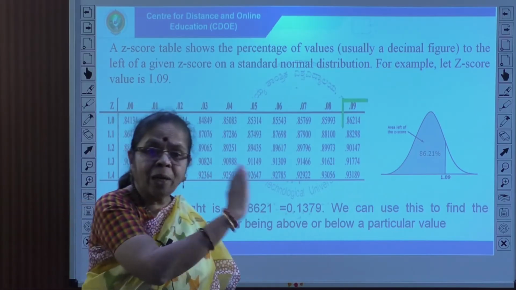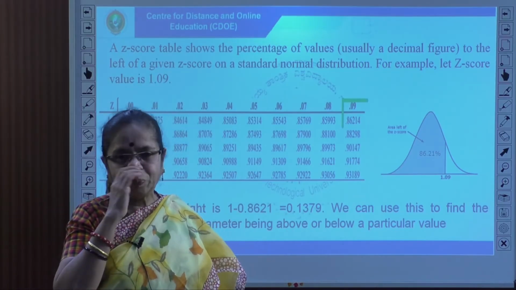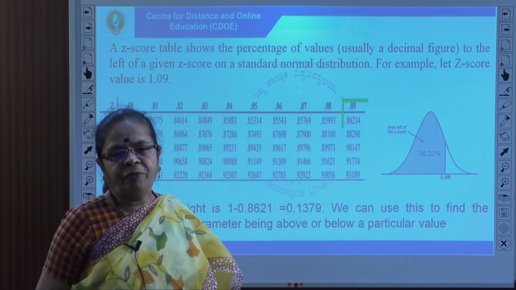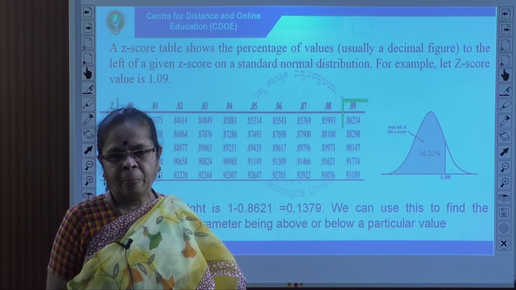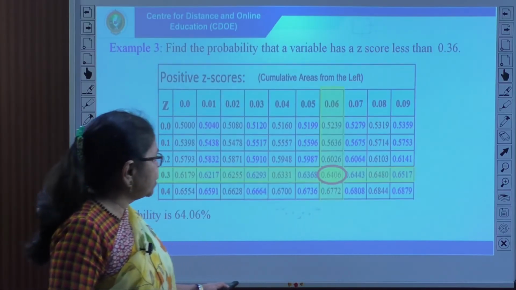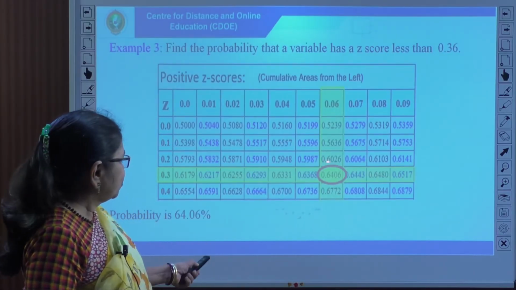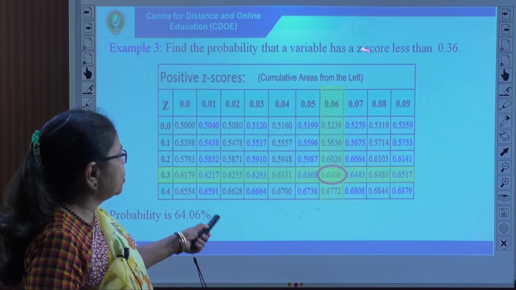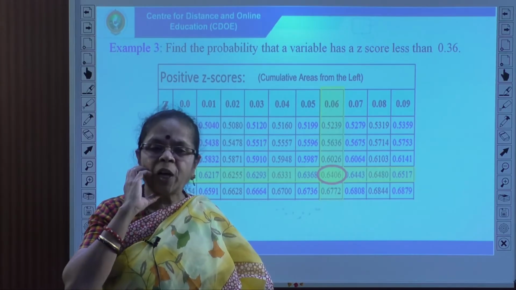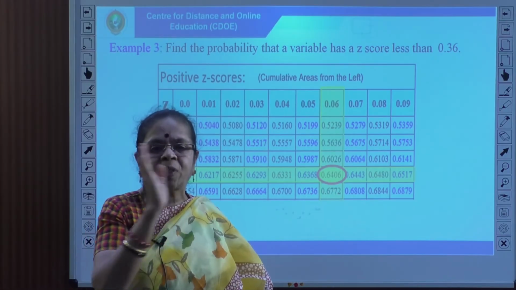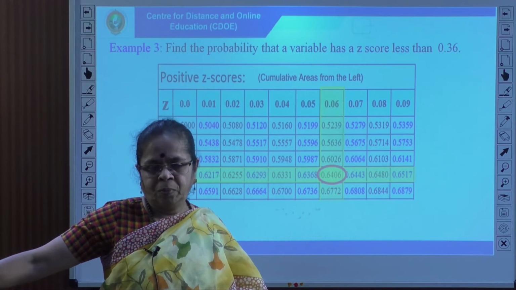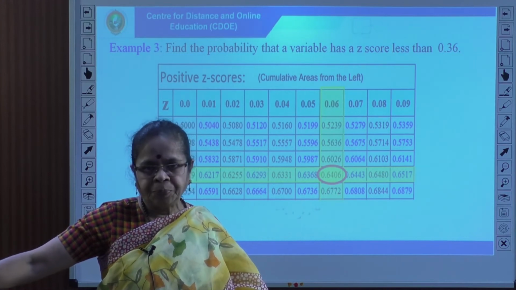In one side, everything to the left is acceptable. So, that means 64% chance is there that the Z score will be acceptable, because 64% chance is there that it will lie on the left side. Got it?